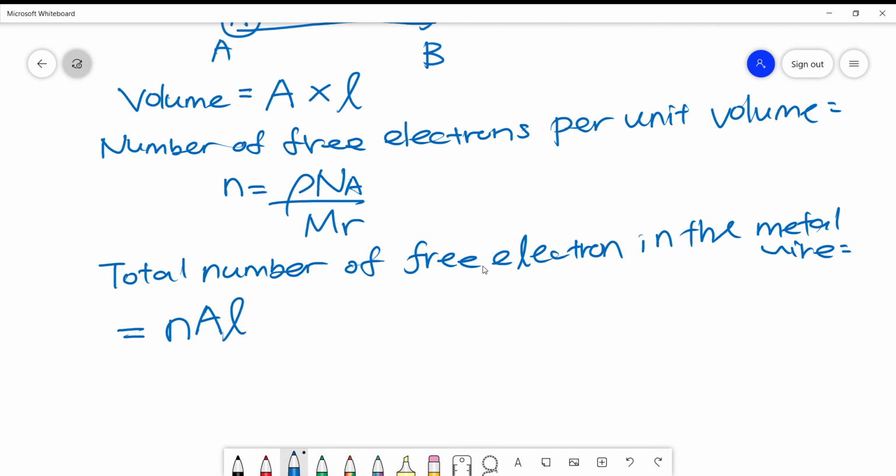This AL is the volume, and this n is the number of free electrons per unit volume.